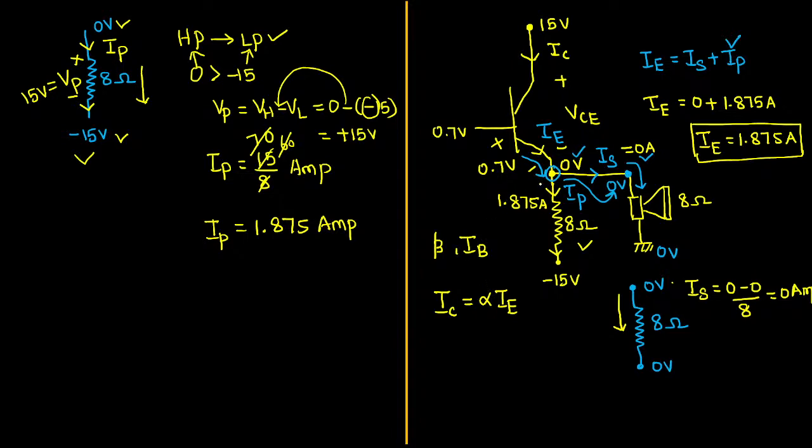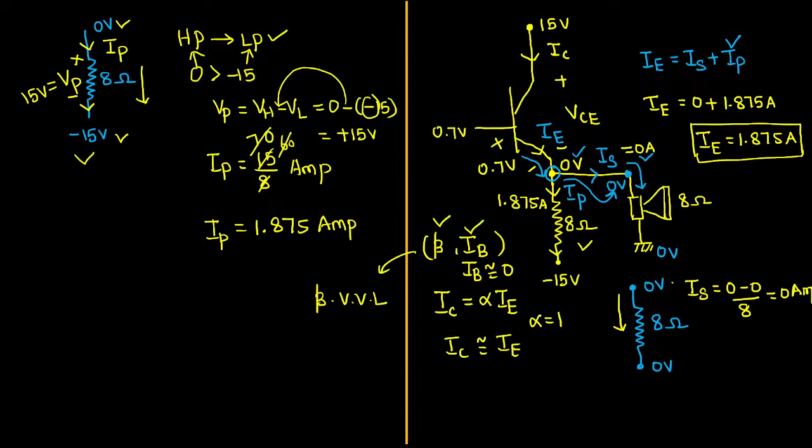But do you remember, in any question, if there is no data about base current or beta, what I told you is to assume that the value of beta is very large, such that the value of base current will be approximately equal to 0. So in resultant, collector current will be approximately equal to the value of emitter current, and this value of alpha will become 1.